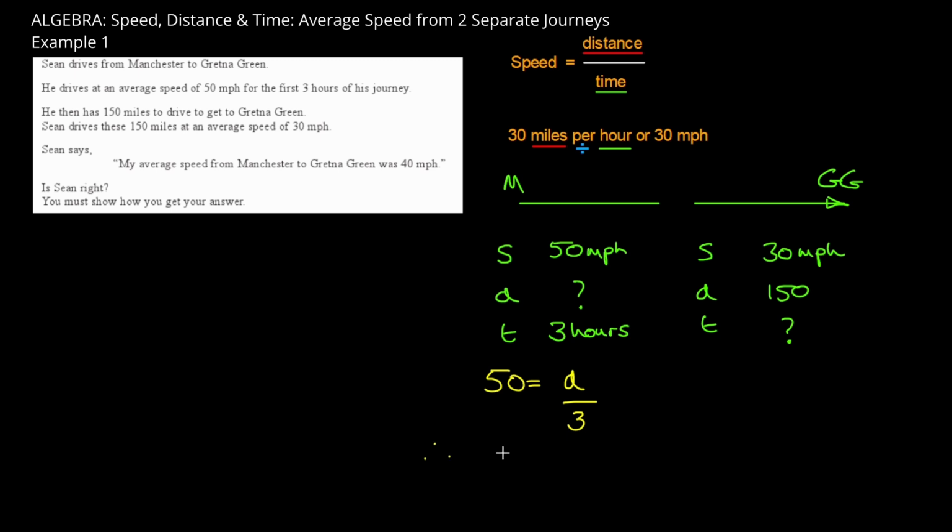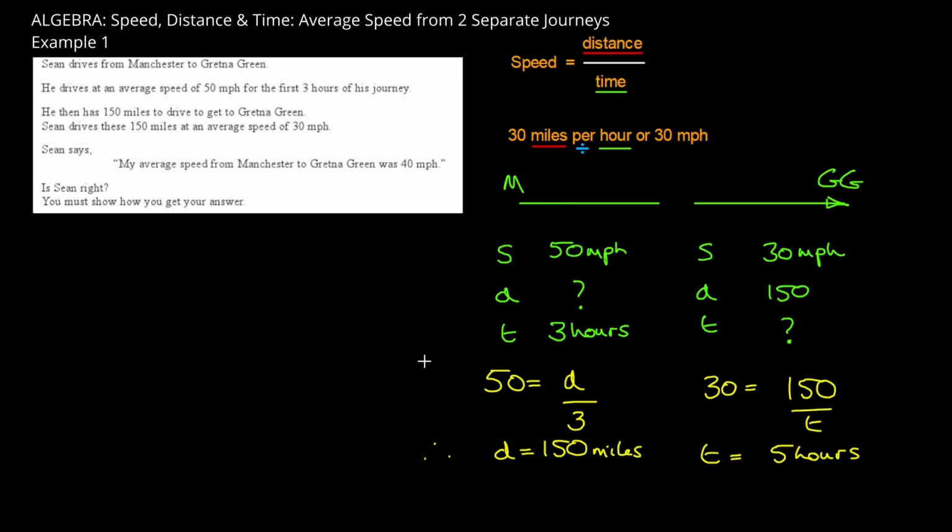So therefore, d equals 150. And for this one, we've got 30 is equal to the distance, which is 150, over the time. And if you rearrange this, multiplying through by t, dividing through by 30, we get that t is equal to 5 hours.